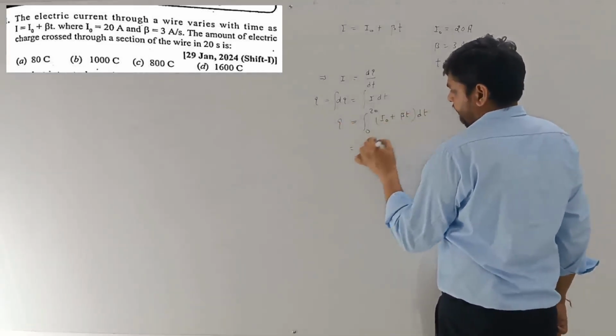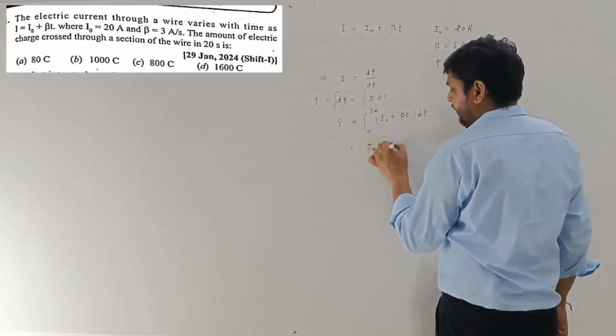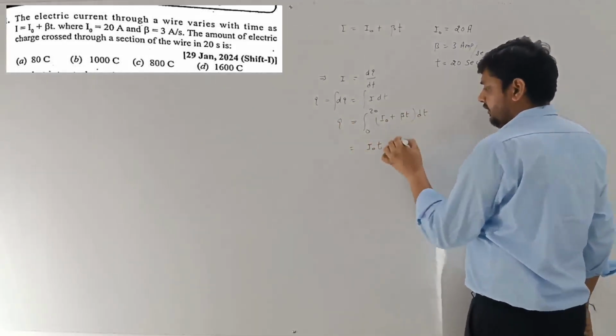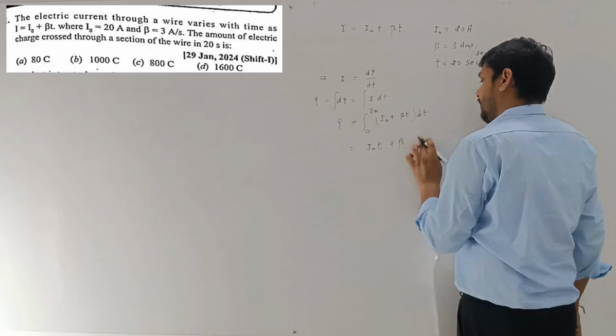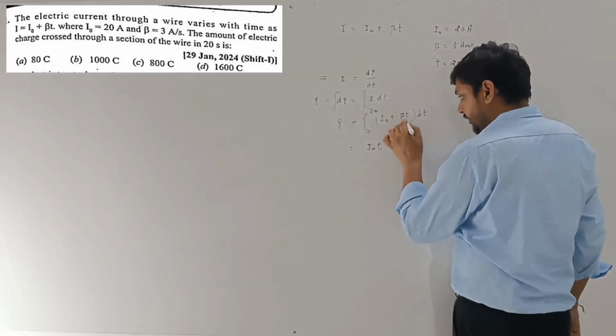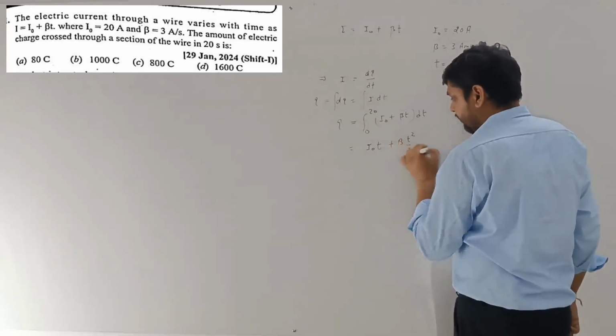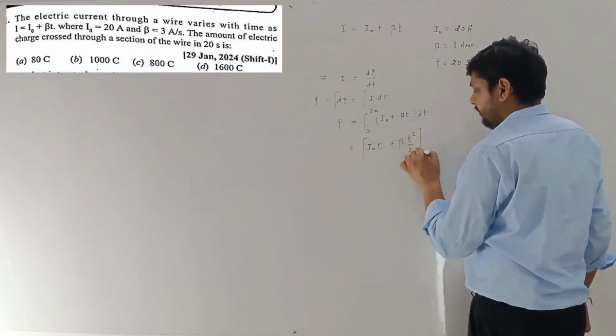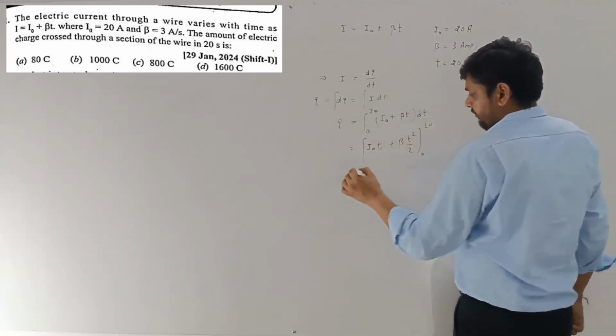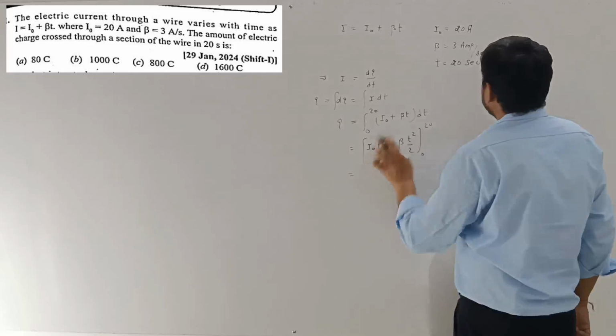Integrating, we get I naught t plus beta t square by 2, with limits 0 to 20.